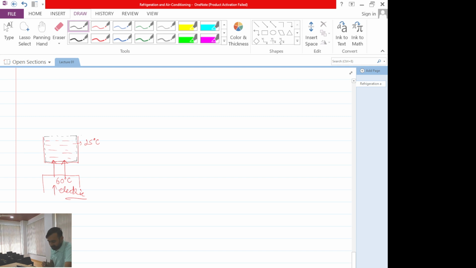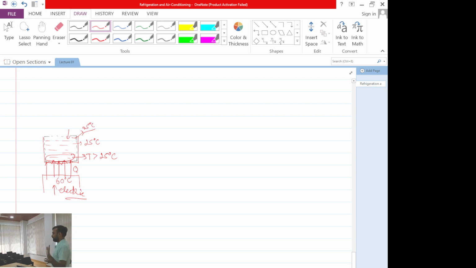So when I start heating this water, what will be happening? You will find that the bottommost layer of the water will first immediately start heating. So in this bottommost layer, I will find the temperature is greater than 25 degrees Celsius. However, far away from this, at the other end, of course, the temperature is close to 25 degrees Celsius.